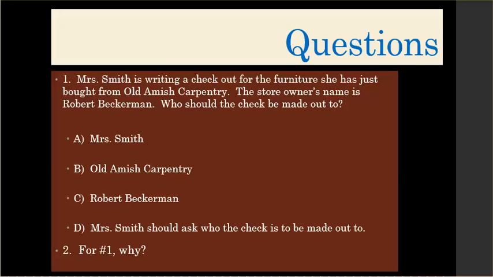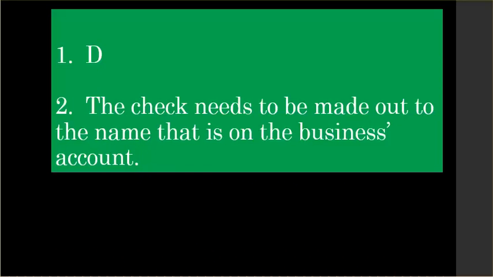Number 2. For number 1, why did you choose that answer? Number 1 was D. Number 2, the check needs to be made out to the name that is on the business account.